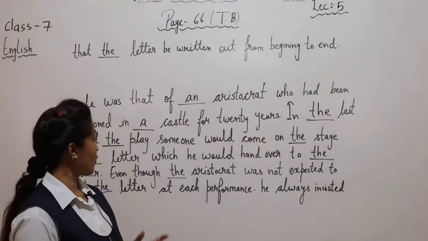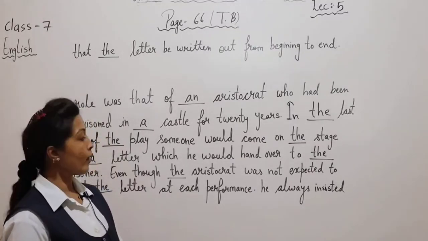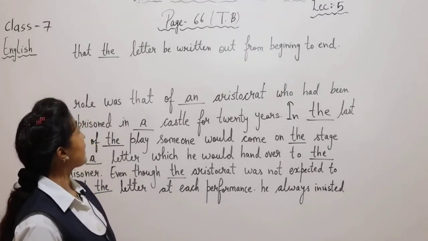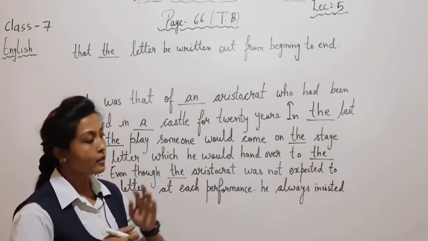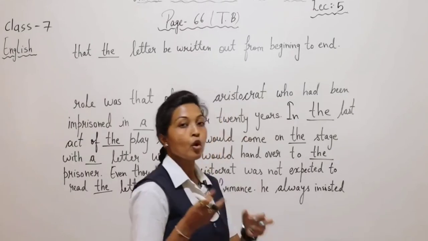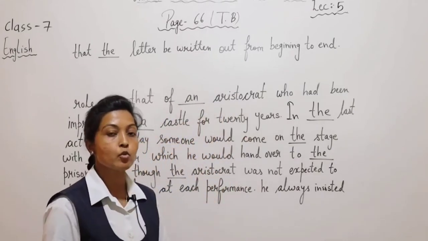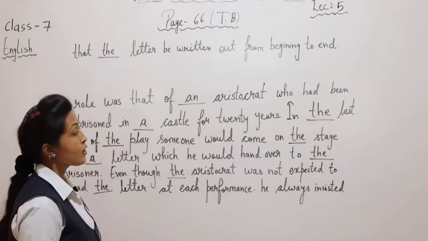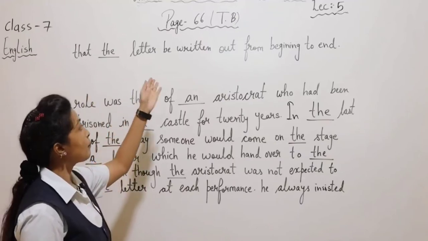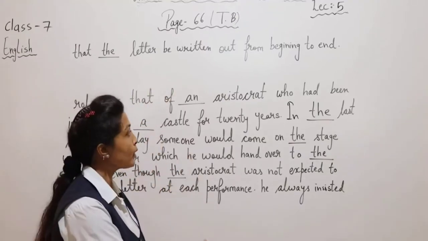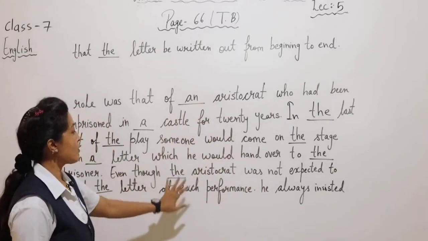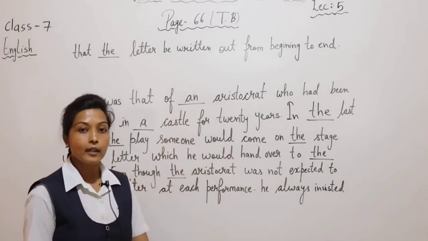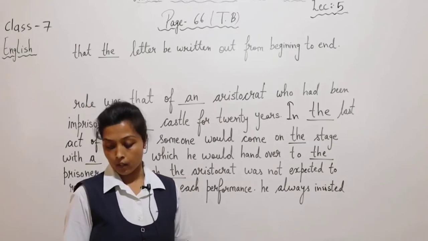At each performance he always insisted that the letter be written out from the beginning to end, and insisted means to force or to insist to something to do. So insist that the letter be written out from the beginning to end. Clear? So in this we have to use the article a and the.